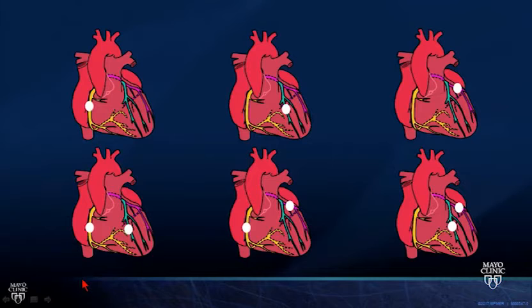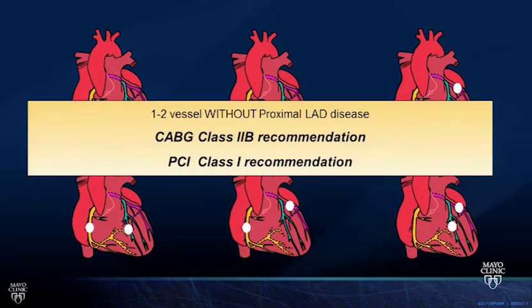So if we look at our circulation, and if we had lesions as delineated here, single vessel disease or two vessel disease that does not include proximal LAD disease, basically it's dealer's choice. Okay, we would go optimally with PCI.